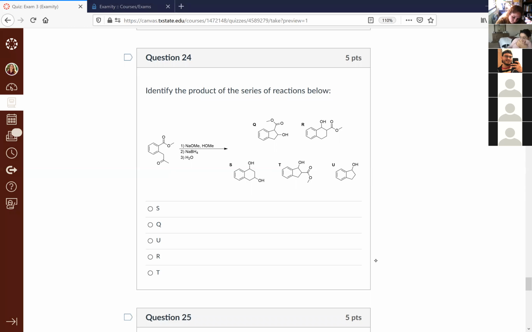So we're starting off with a ketone and an ester, and we have sodium methoxide and methanol. This is very, very similar to that first reaction we did where I said it was Claisen-like, but not actually Claisen. So you end up creating an enolate here. It attacks the ester, and that's going to give us a 6-membered ring.